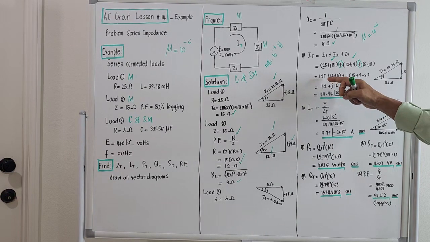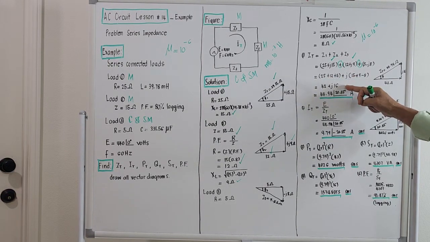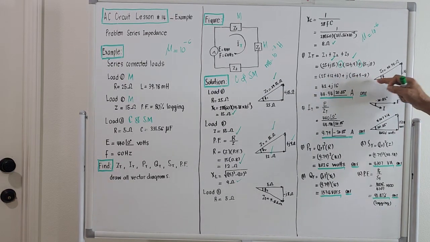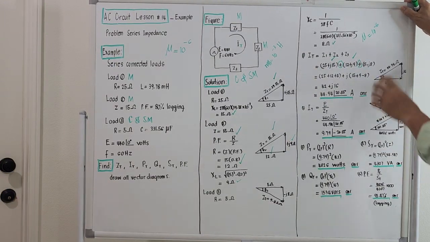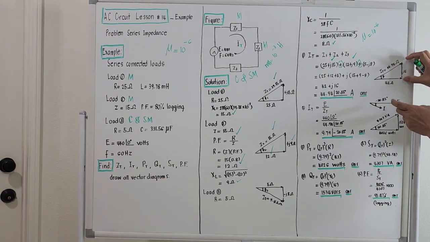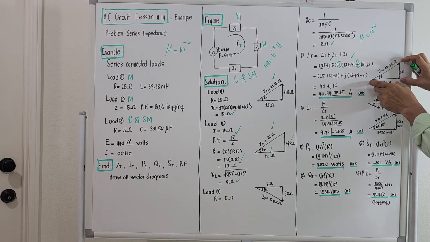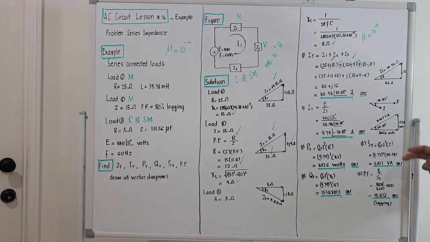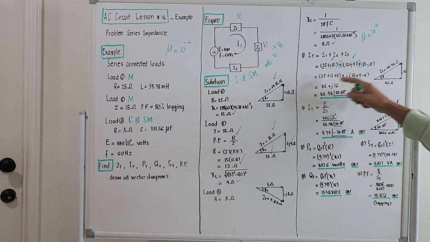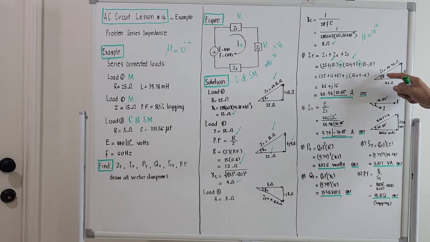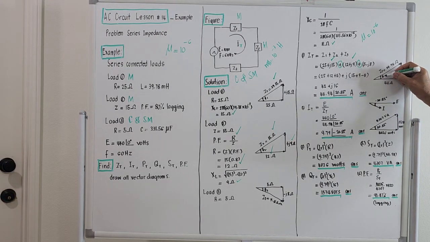It should be the vector sum of 42 and 16, because it is a right triangle. This is 42 and this is 16, and the total impedance should be the vector sum of this side and this side. Like I told you, you divide 16 by 42 to compute this angle here, and this is 20.85 degrees.